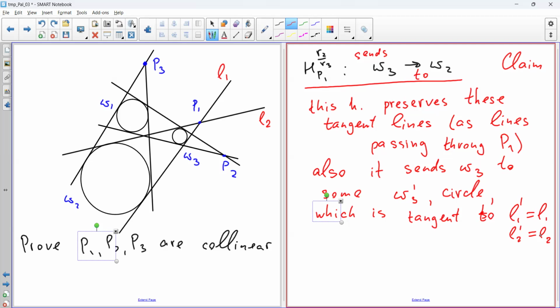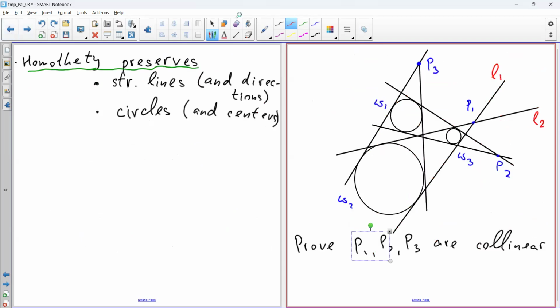They definitely have one common point because there was a common point, and we will have an image of that point, but this image will belong both to the new position of the straight line and the new position of the circle. So we probably should add here that it preserves intersections.